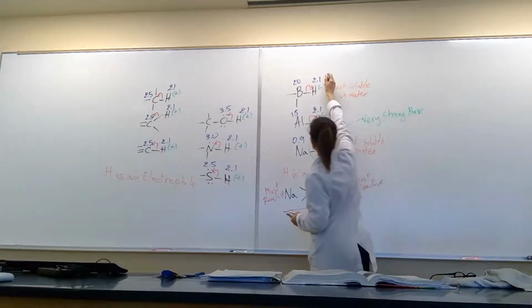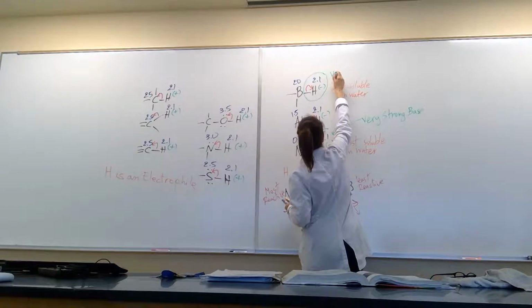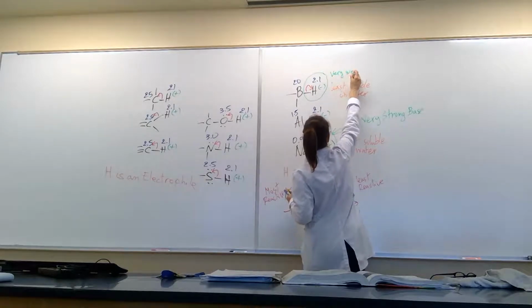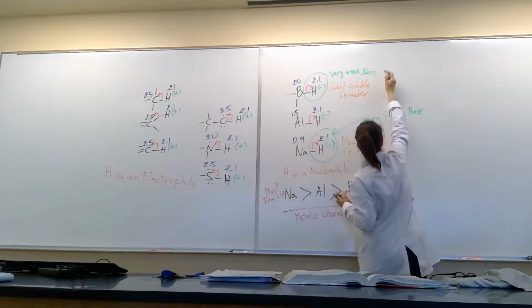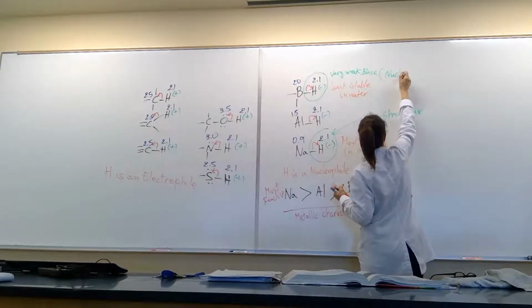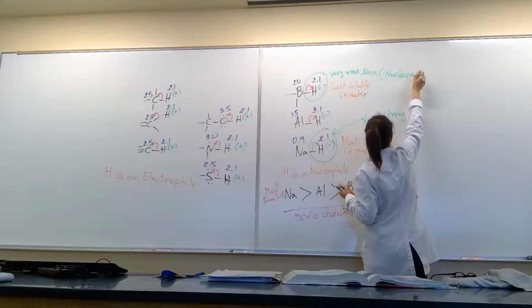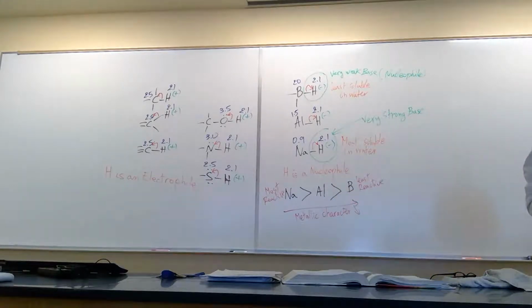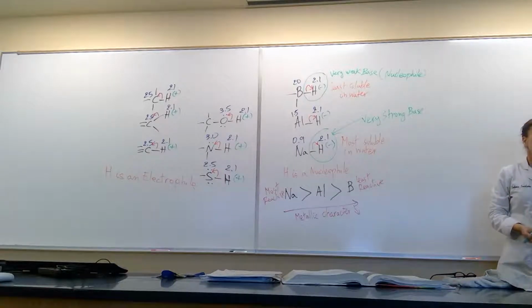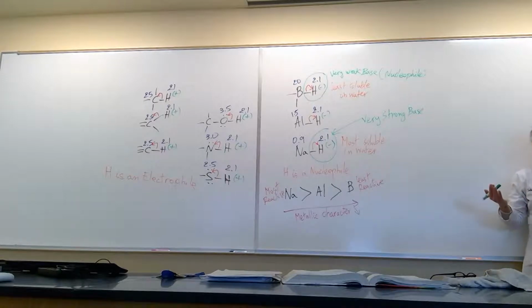This is a very weak base. So if it's a weak base, what do we call it? In general, we are going to call it just a nucleophile. So if it doesn't really react too much as a base, we consider it as just a nucleophile. So what is the difference between a base and a nucleophile? A nucleophile means it donates its electrons.